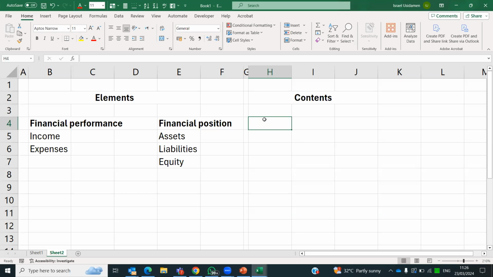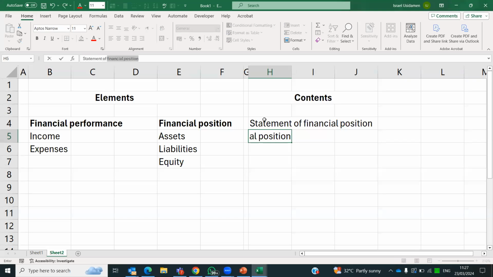Number one is statement of financial position, previously referred to as balance sheet. And in a statement of financial position, we find assets, liabilities, equity. Number two, we have statement of profit or loss and other comprehensive income.